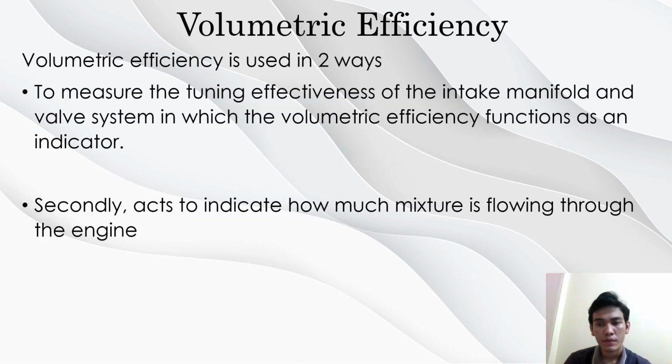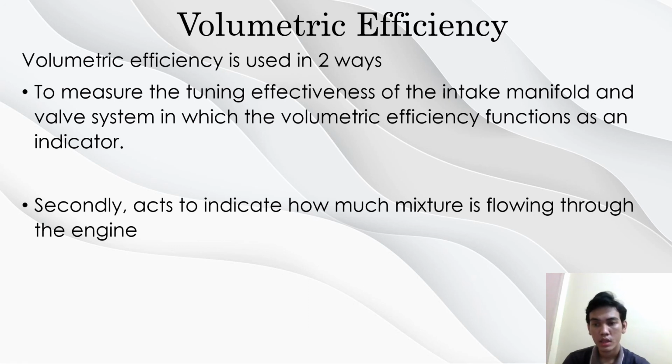The volumetric efficiency is used in two ways. Firstly, it is used to measure the tuning effectiveness of the intake manifold and valve system, in which the volumetric efficiency functions as an indicator. For this purpose, the reference condition would refer to the density at intake manifold temperature and pressure.